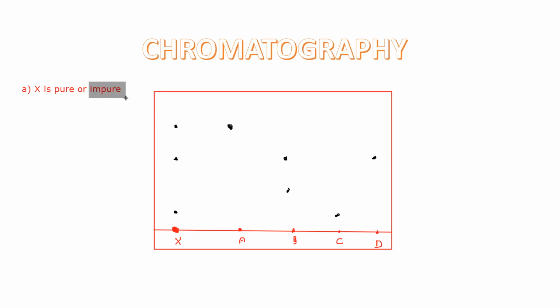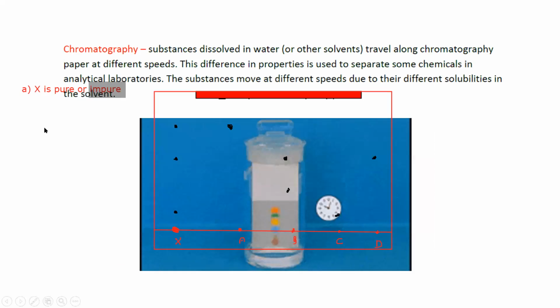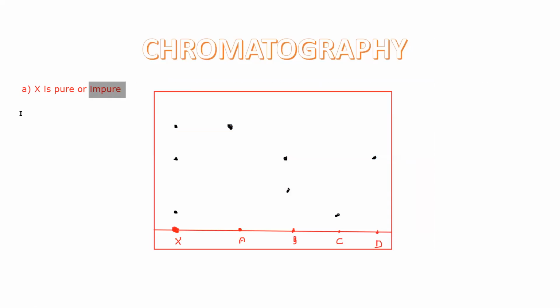So X is impure because there are more spots. So we conclude that it is impure. Instead of saying more particles, you can say more spots are there in a chromatogram.